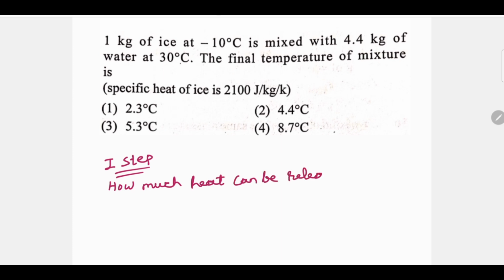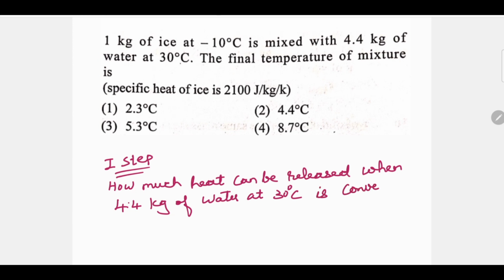How much heat can be released when 4.4 kg of water at 30 degrees Celsius is converted to 4.4 kg of water at 0 degrees Celsius.